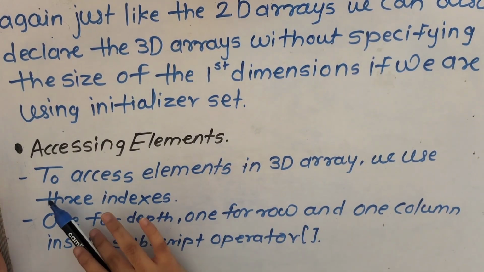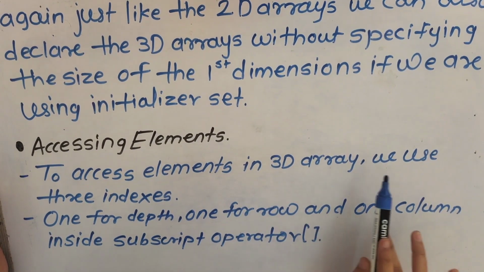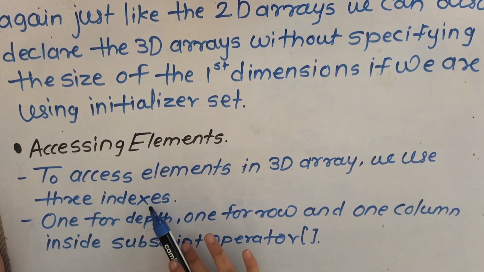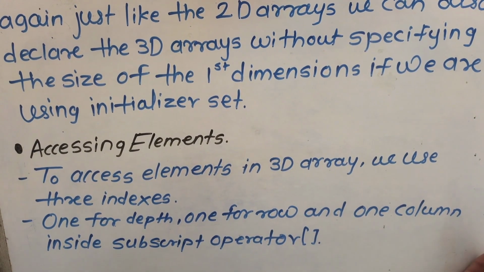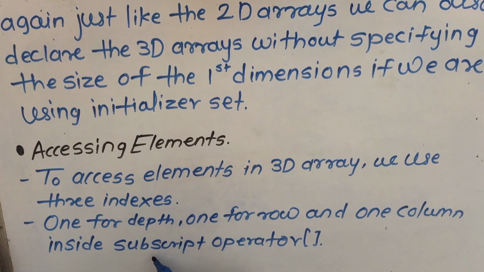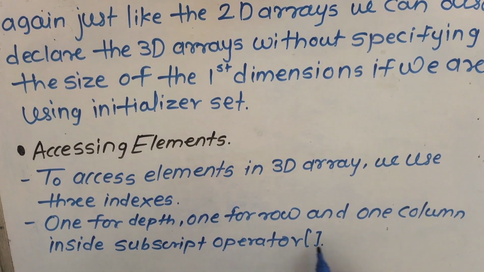Accessing elements. To access an element in a 3D array, we use three indexes: one for depth, one for row, and one for column, inside the subscript operator.